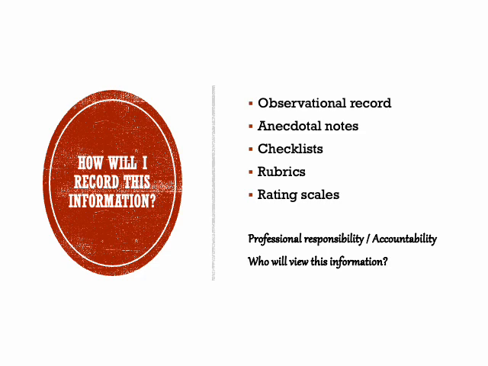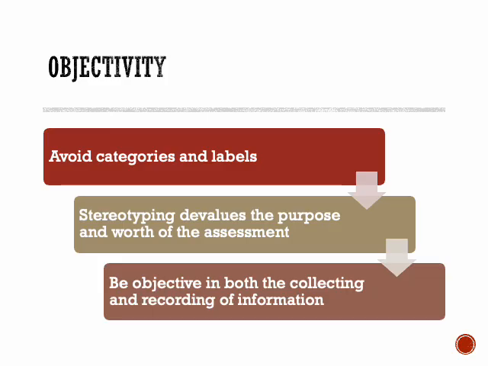So when we are doing observations, we want to try and make sure that we're avoiding the categories and labels and avoiding those stereotypes. It's very easy to go, oh, that's just typical boy behaviour. Is it though? Why are we attributing that to a boy's behaviour? Is it something that we need to analyse out and go, no, it's not.